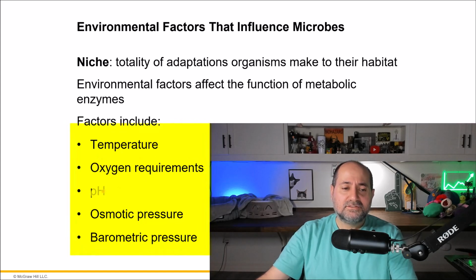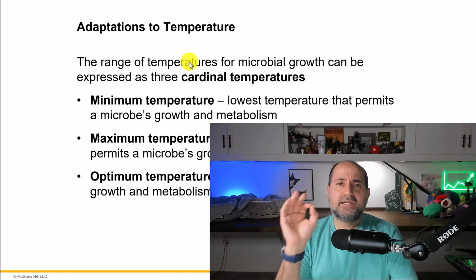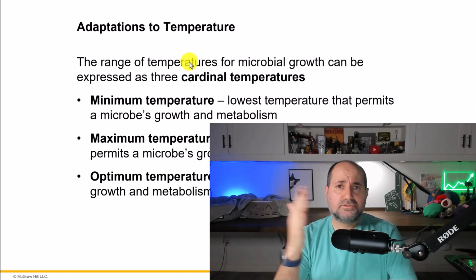Oxygen requirements, pH requirements or tolerances, osmotic pressure tolerance, barometric pressure tolerance, right? So depending on which of these conditions a microbe prefers or can tolerate, that's where the microbe is likely to live. Isn't that neat? So when it comes to microbes, different microbes prefer different temperatures for growth.